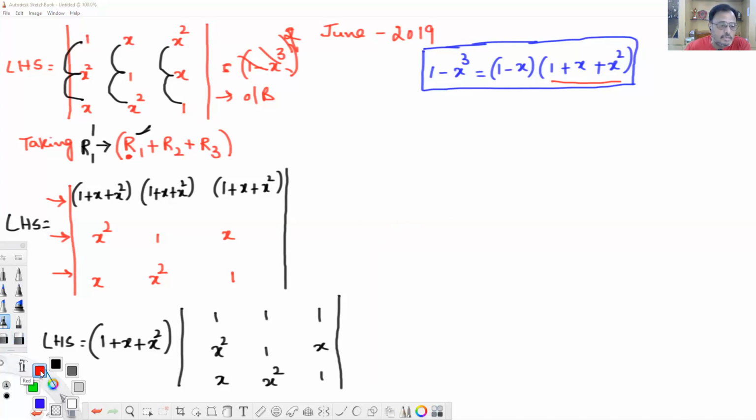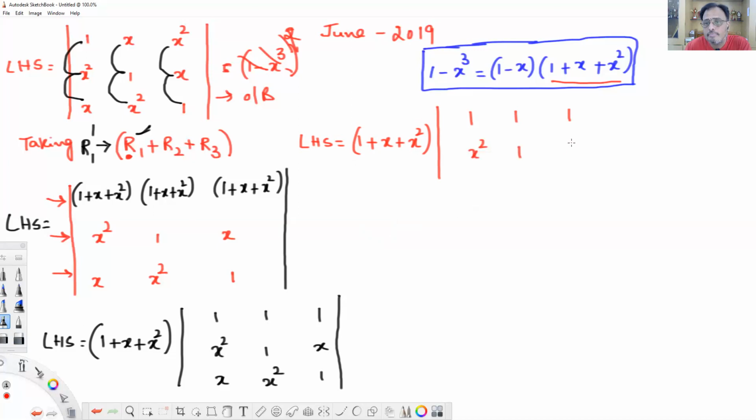Once again, LHS is equal to, writing without disturbance, 1 plus x plus x square, and the determinant you are going to get is 1, 1, 1; x square, 1, x; and the next row x, x square and 1. Now we have to do surgery once again. This part is gone, completed now. So on this only we have to concentrate now. Which operation will I do? Look here.